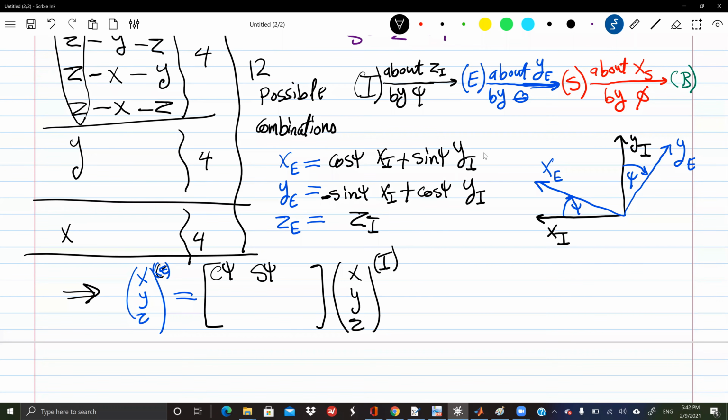There is nothing multiplying Z inertial, so this is 0. And here is negative sine, cosine, and 0. For the last row, nothing multiplies X, nothing multiplies Y, and there is 1 multiplying Z. So we're done. All right. Let's see.